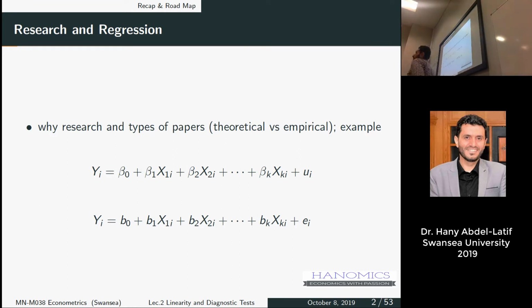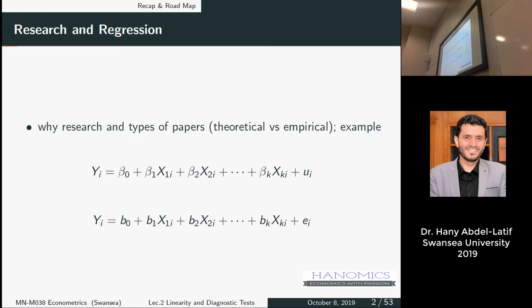Last lecture, we gave a very broad introduction about what we want to achieve in this module and why we do research in economics. We highlighted that it's important not just to be able to do econometrics.